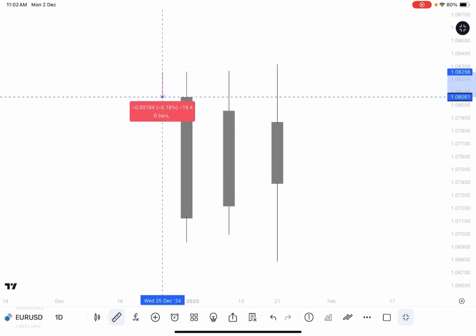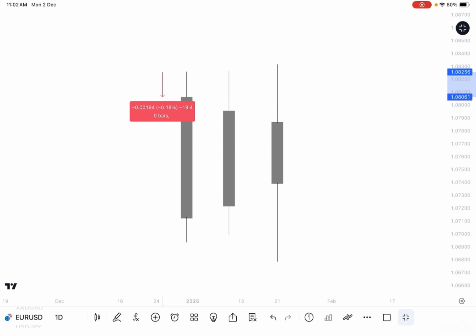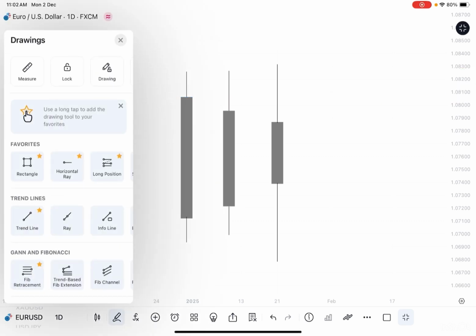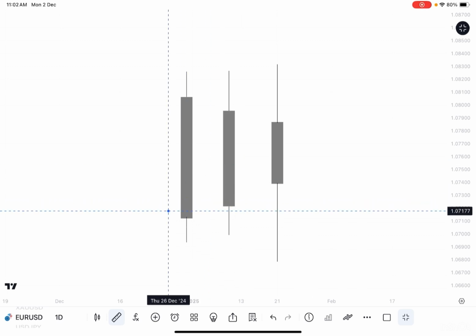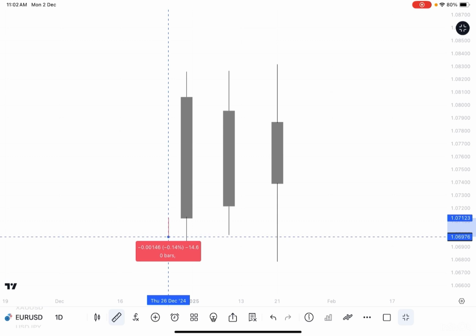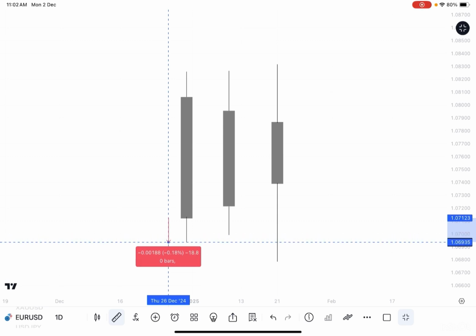Now the length of the first wick on the top is 0.18. I think you can see clearly in the bracket there's a value of 0.18%, minus 0.80%. You don't need the minus, just take 0.18% and keep it in mind. After that, go to measure again, and now measure the wick below the CRT candle.